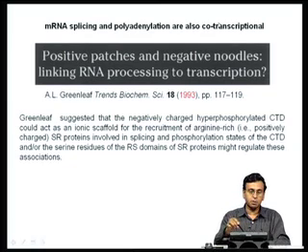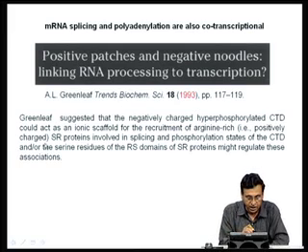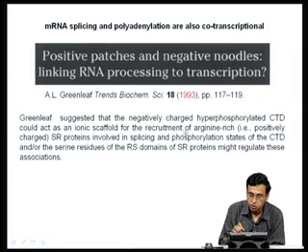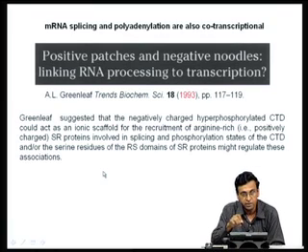Again, very elegant experiments were done. For example, here is a paper in 1993 where a person called Greenleaf suggested that the negatively charged hyperphosphorylated CTD could act as an ionic scaffold for the recruitment of arginine-rich proteins called SR proteins, which are involved in splicing, and that the phosphorylation states of the CTD and the serine residues of the RS domains of SR proteins might regulate these interactions.